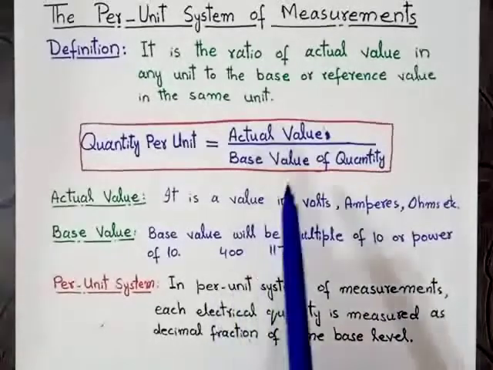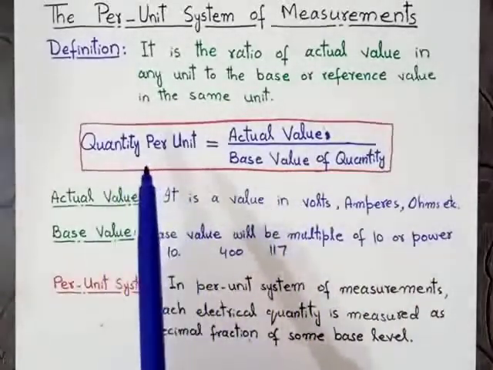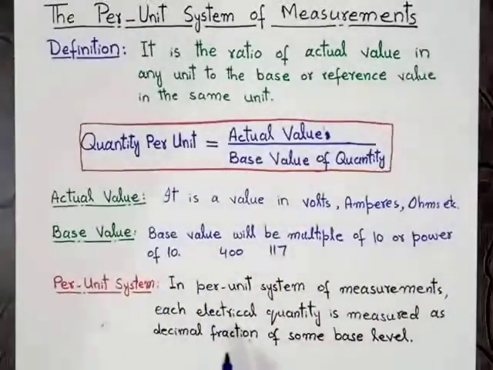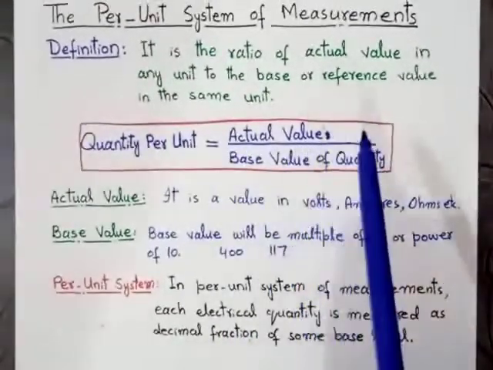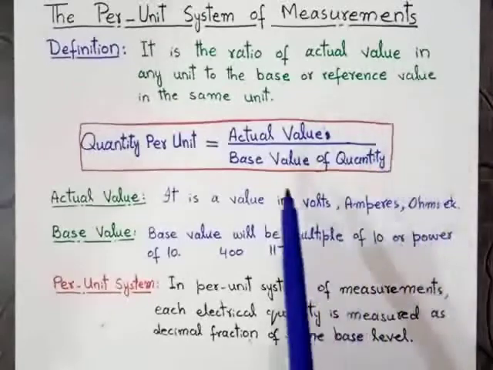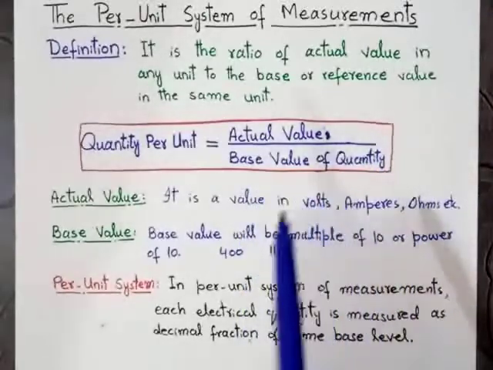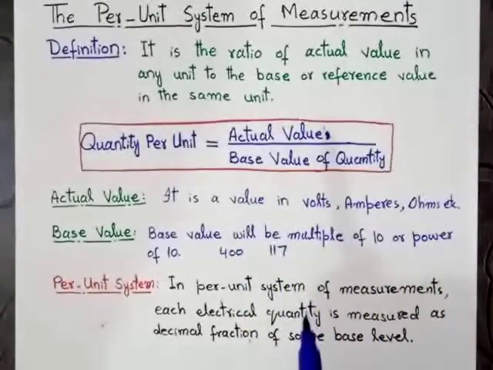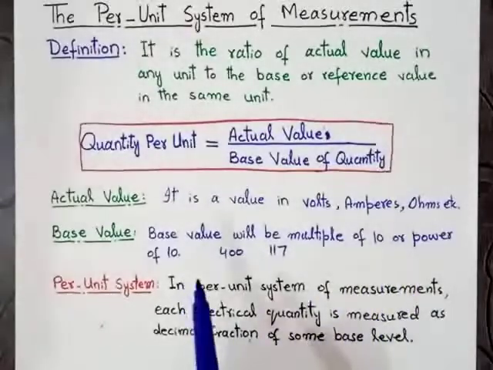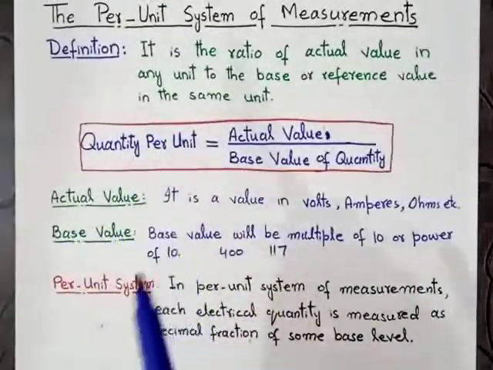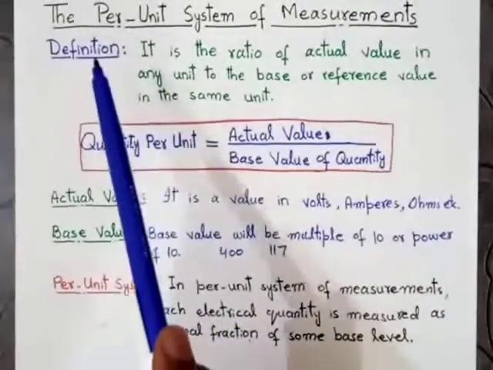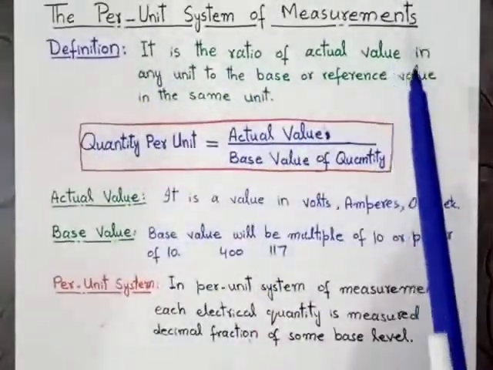So that's why the answer of per unit will be a decimal fraction, the actual value will be in volts, amperes, and the base value of the quantity should be a multiple of 10 or power of 10. So these 3 points are very important to solve the examples of the per unit system of measurements.